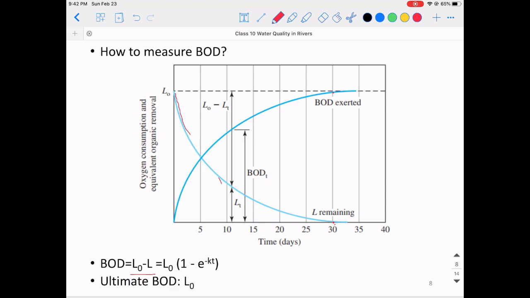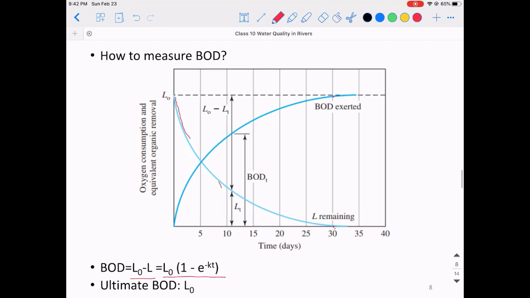The BOD under this situation is just calculated by the initial concentration of the organic matter minus the organic matter concentration at any time. That's calculated by this equation here, which is L0 multiplied by 1 minus exponential minus KT.